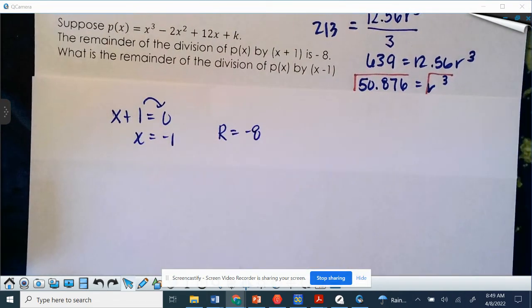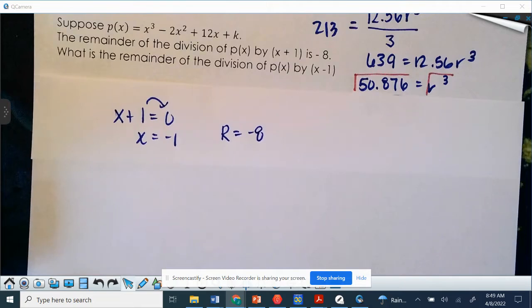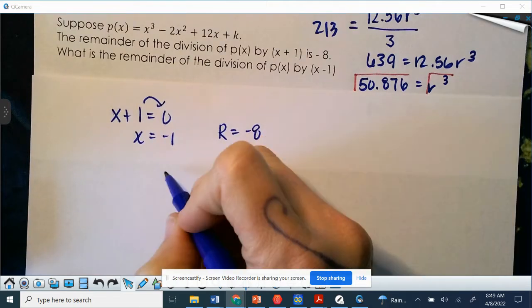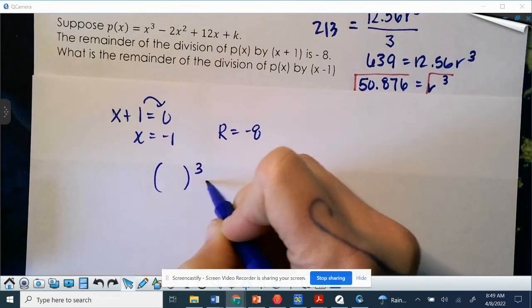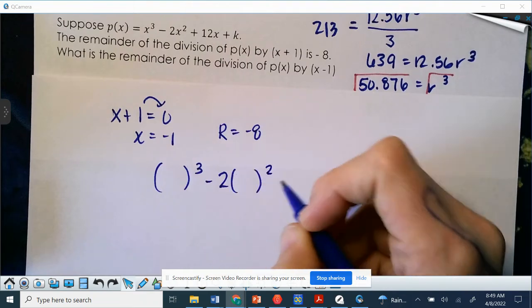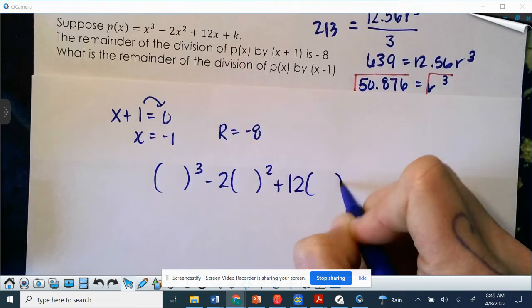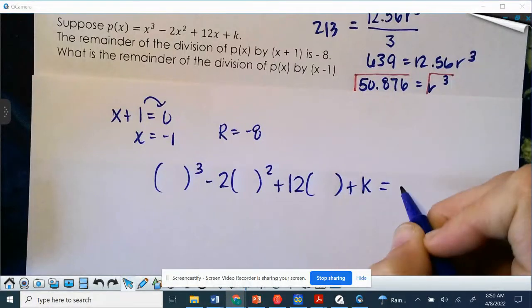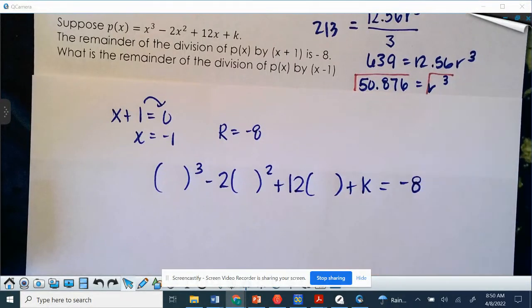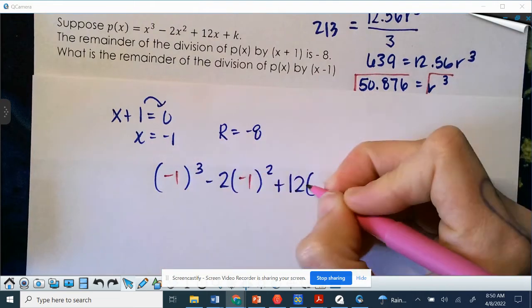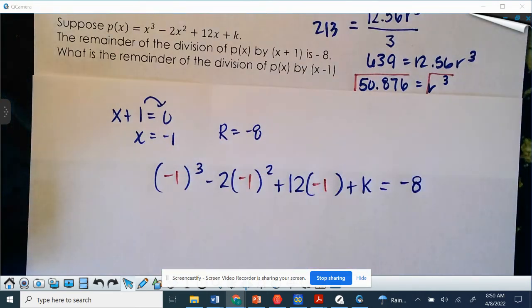So this is very basic, like the ones you were doing in Delta Math and like we practice. So we're going to do x cubed minus 2 times x squared plus 12 times x plus k equals -8. And we're going to plug in that -1 because we need to solve for k.